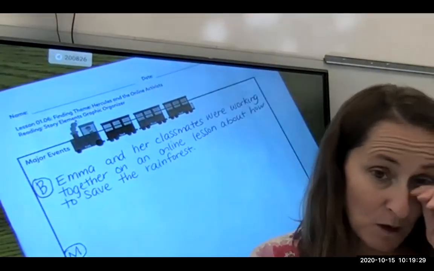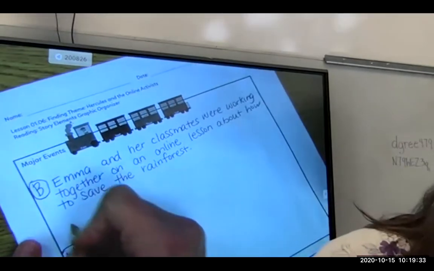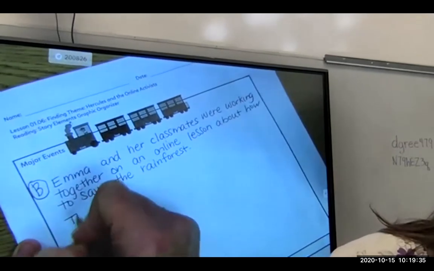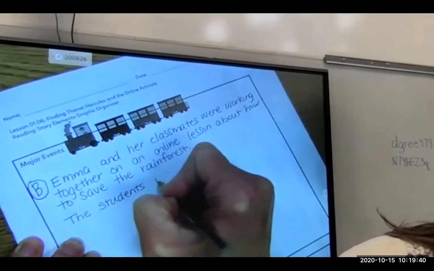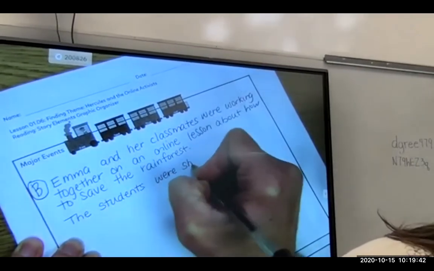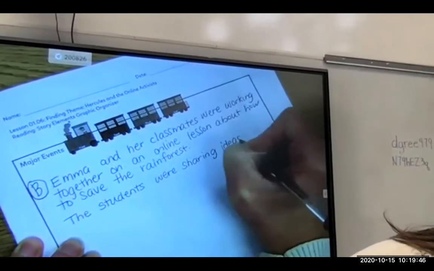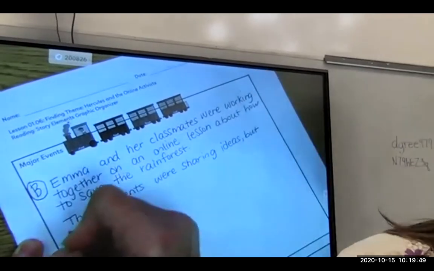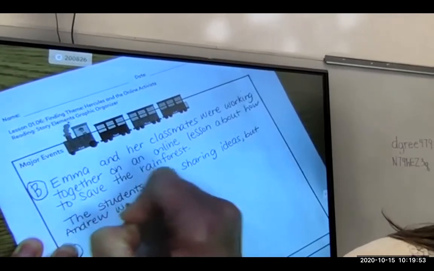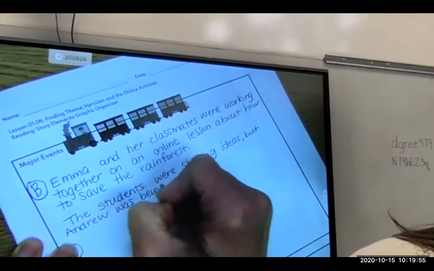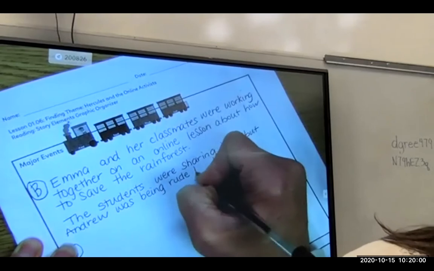But then I thought, well, there's one more thing at the beginning that we could put down for major events. So that was one. The students were sharing ideas, but what was Andrew doing? But Andrew was being rude to Emma.